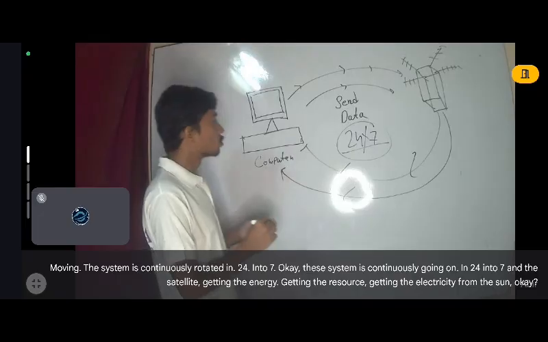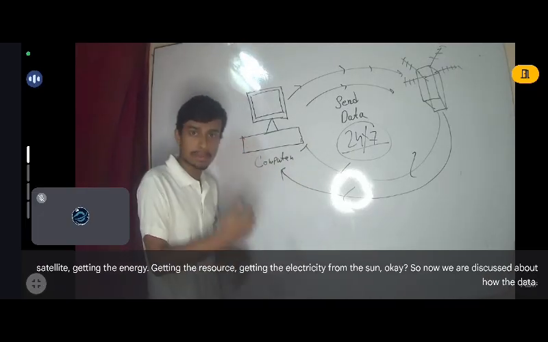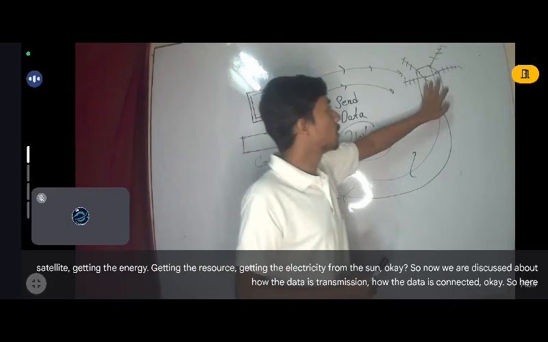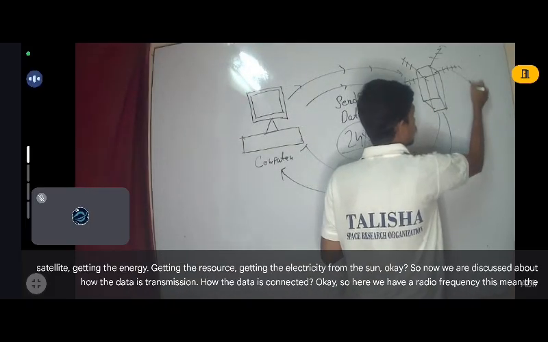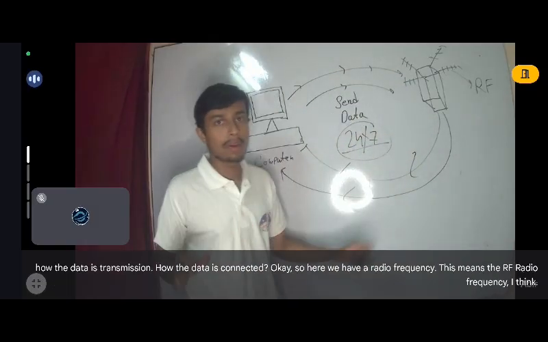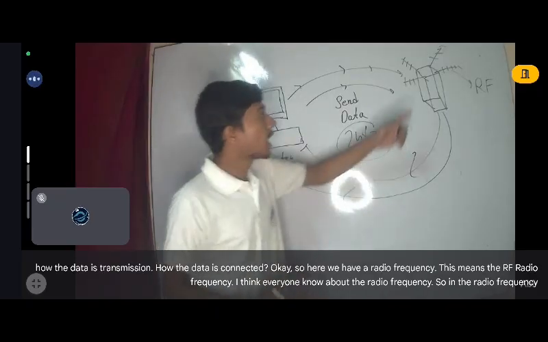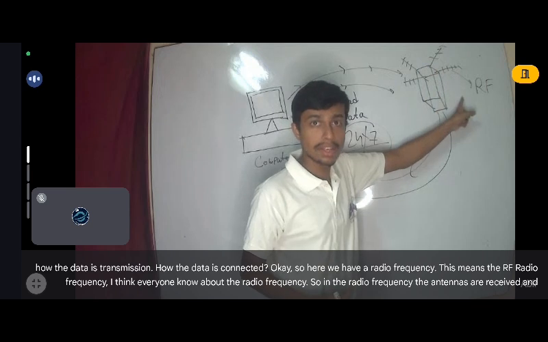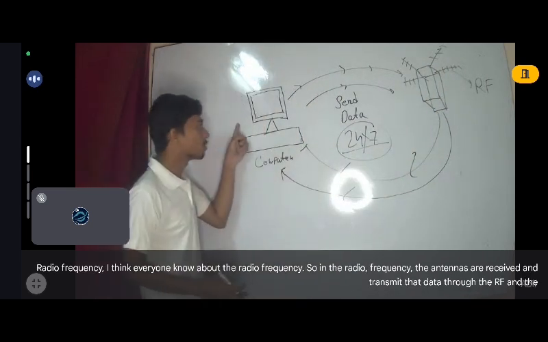Now we will discuss how the data is transmitted and how the data is connected. Here we have radio frequency, which means RF. I think everyone knows about radio frequency. In radio frequency, the antennas receive and transmit the data through the RF.